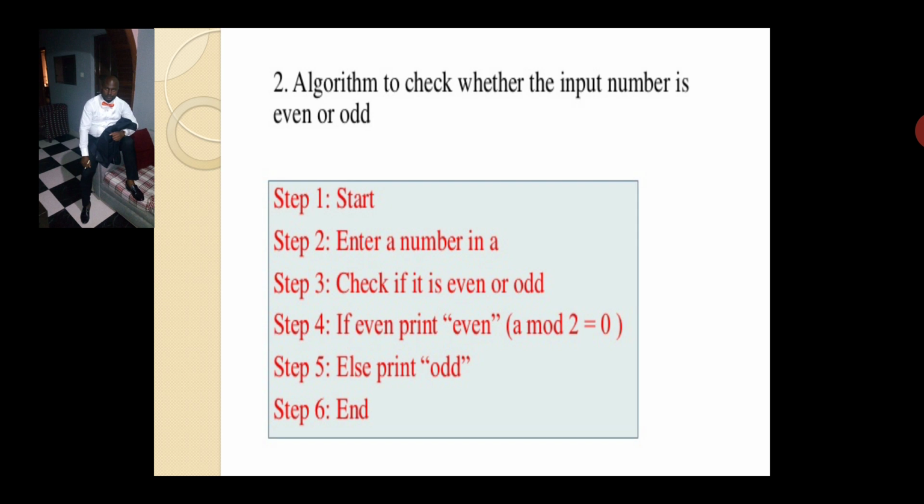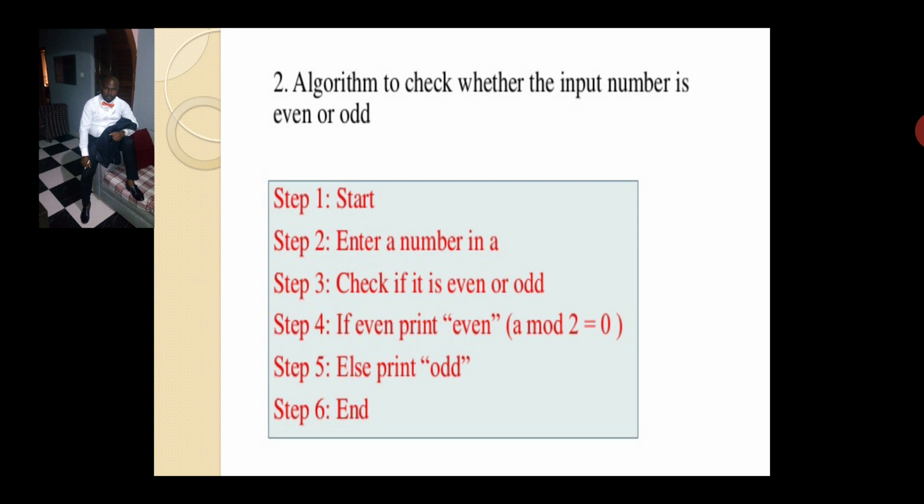So if the number you entered is 6, 6 divided by 2, we have 3, remainder 0. So for us to have a remainder 0, it means that the number is even. But if we have 3 over 2, which is 1 remainder 1, remember, it's no longer even, it's now odd.